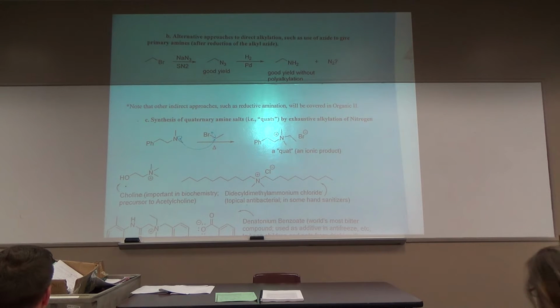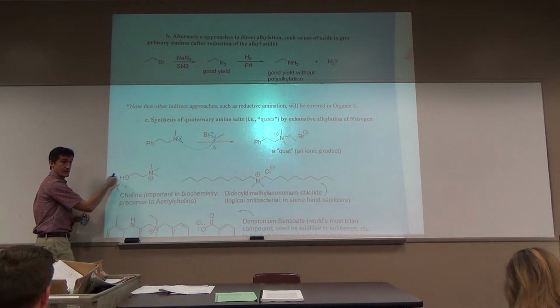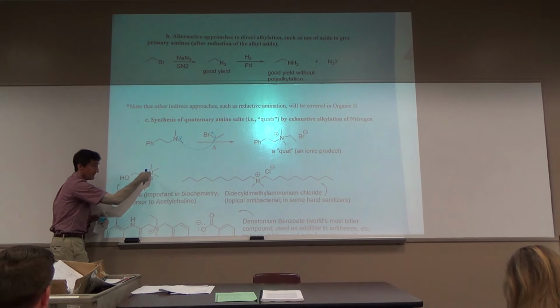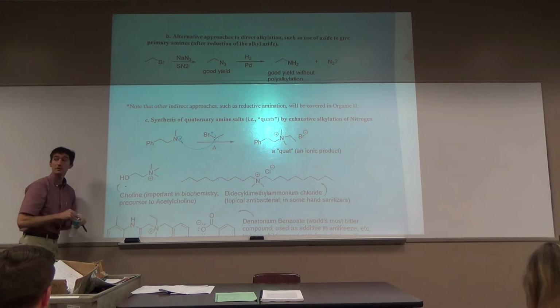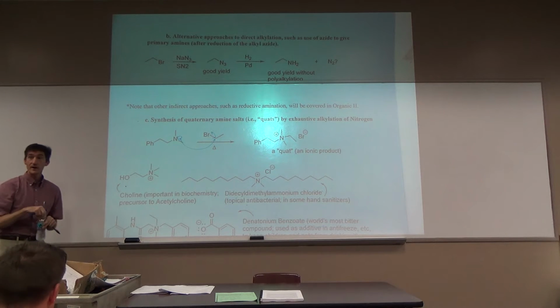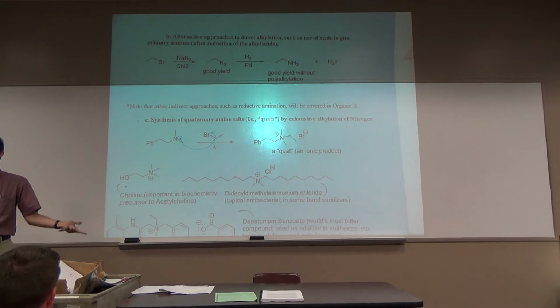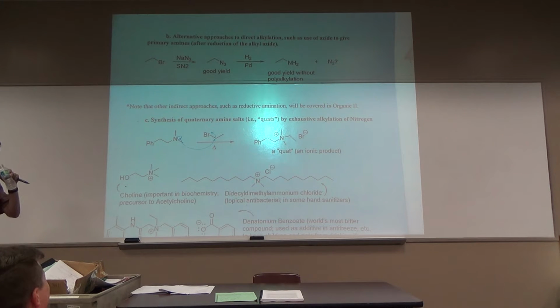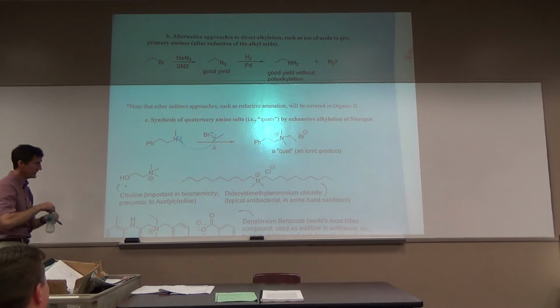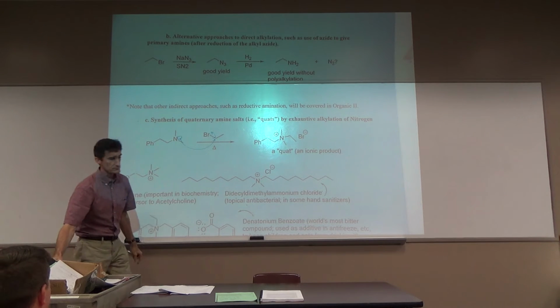That's where this has an acetyl group, and you've got a quaternary ammonium over the other end. So when your biochem teacher says you've got a quat here, then you know what you're talking about. Acetylcholine is a very important neurotransmitter.